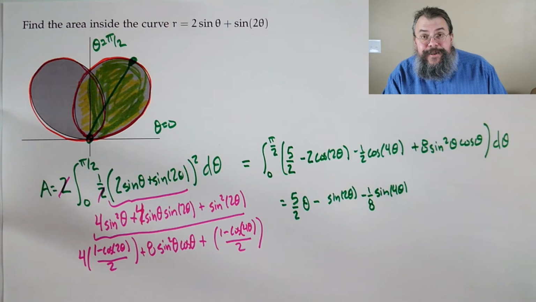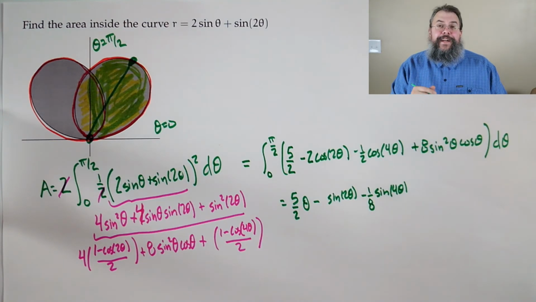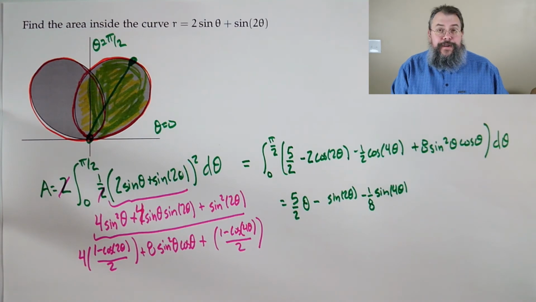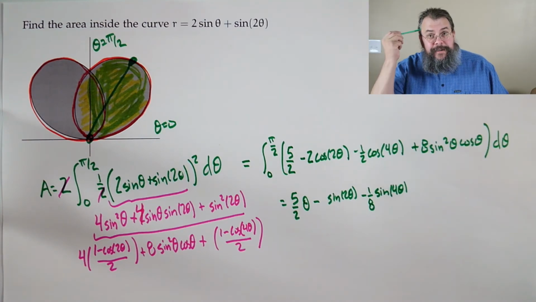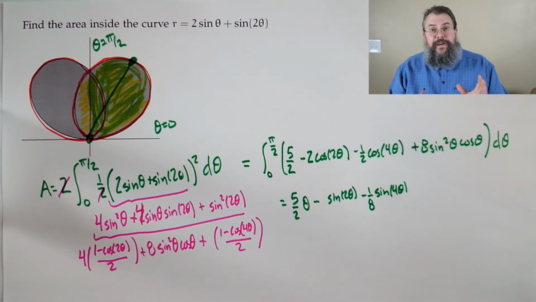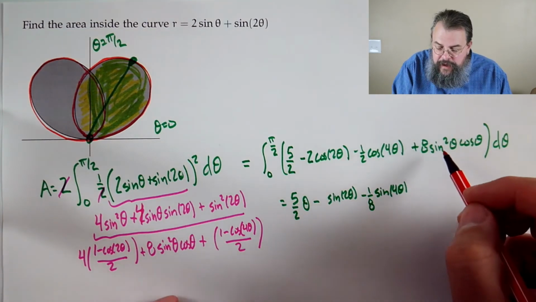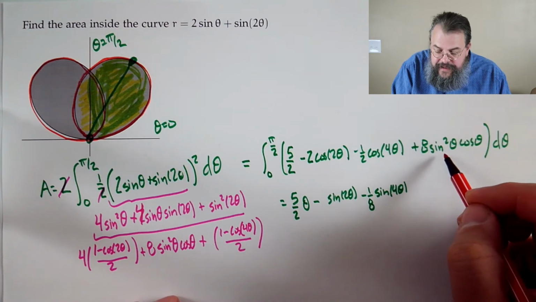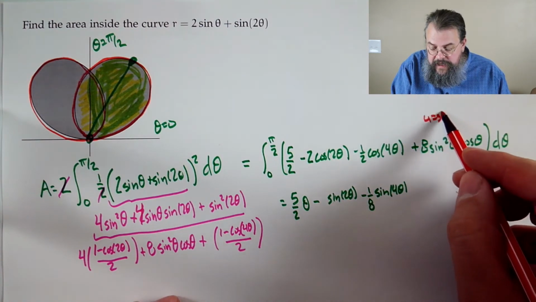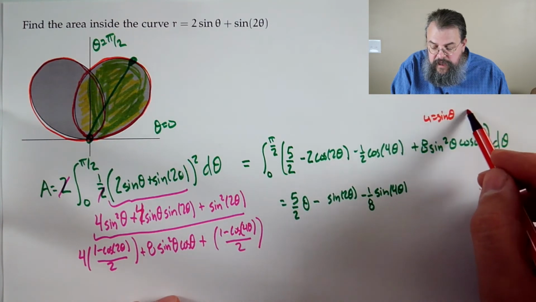Now this last term. How do we integrate 8 sine squared cosine? Well, the way we do it, we're actually going to do it in our head, is that we see, oh, there's a perfect substitution to make. Because the derivative of sine is cosine. So if you set u equals sine, then this would become your du.